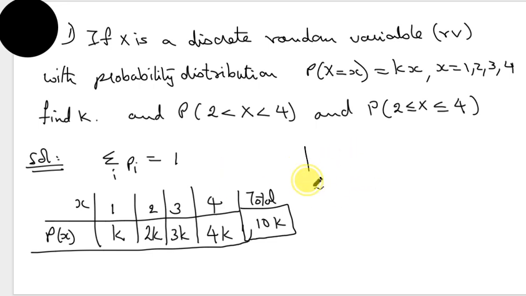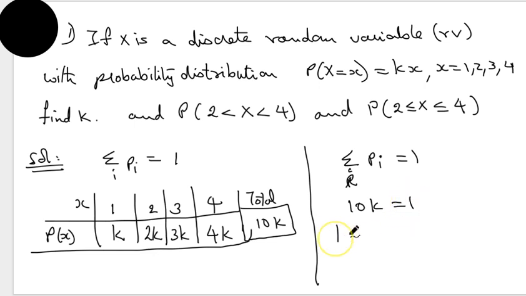Hence, summation over i of p_i equal to 1 implies 10k equal to 1, or in other words k equal to 1 by 10. So this is the first value which we have got. Once we get this value, we can find the other things.